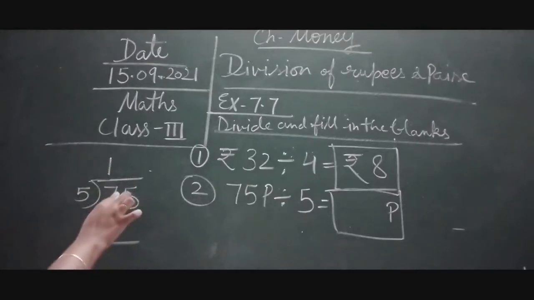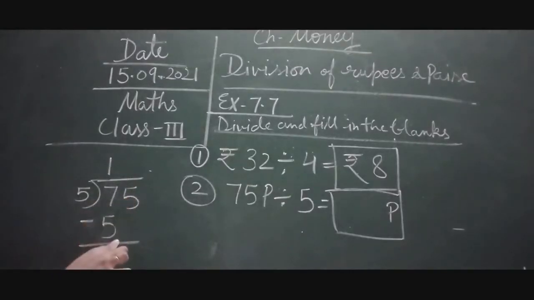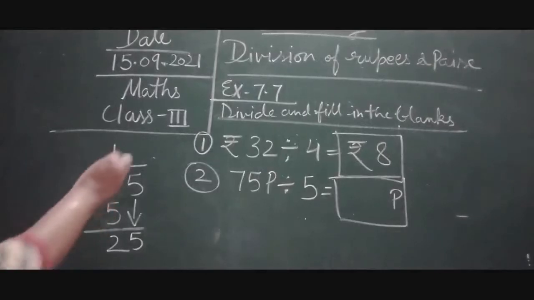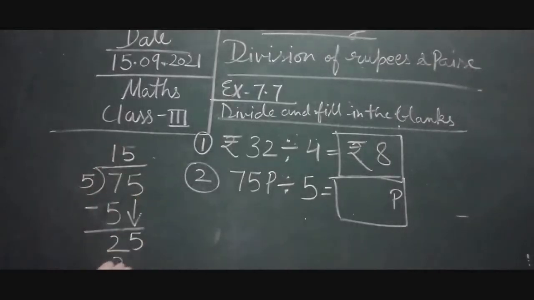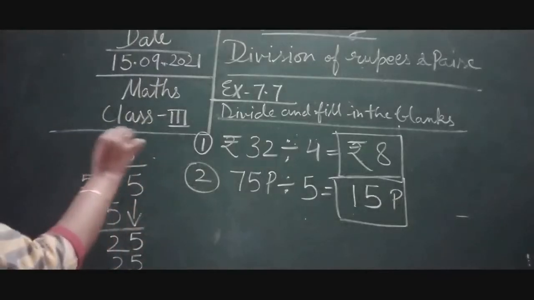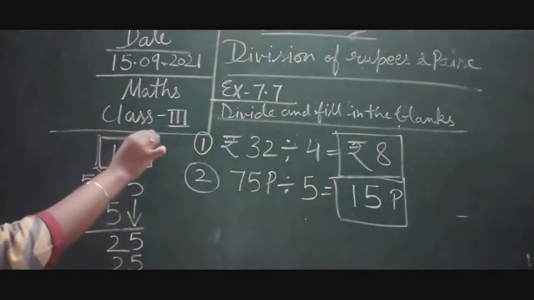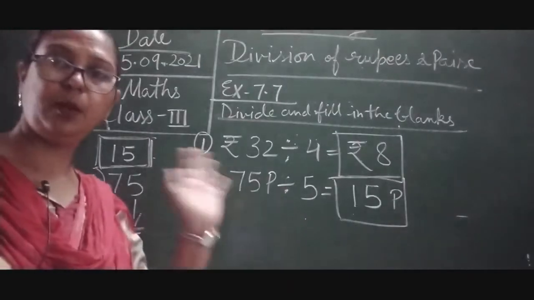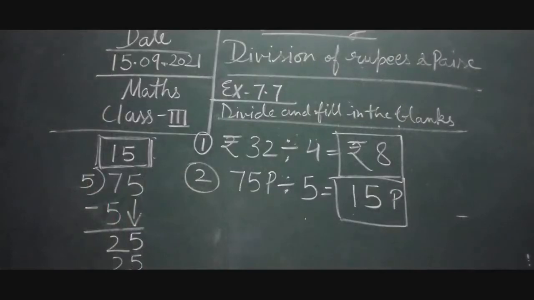Here you can see 7 minus 5 we will get 2. Now we write down the next digit over here, so this is 25. As you all know, 5 fives are 25. Children, here the answer is 15. The quotient is 15 paise, so we will write 15 paise over here. Okay children? Completed children?